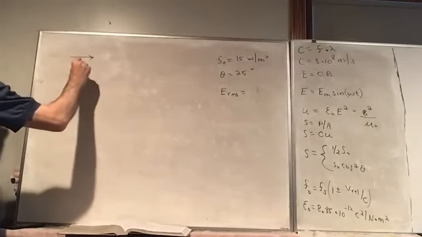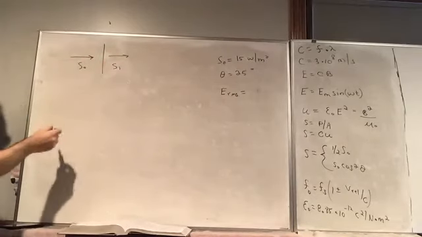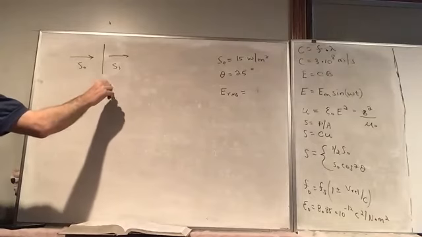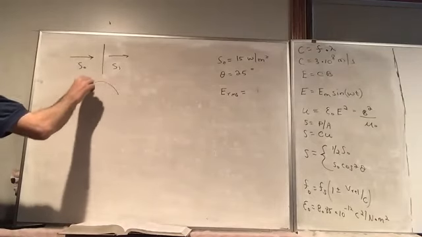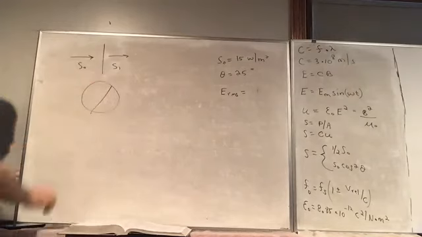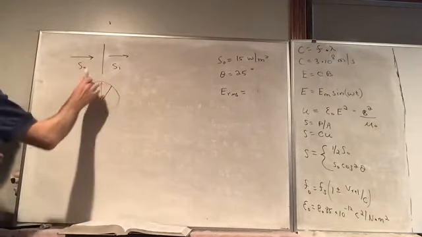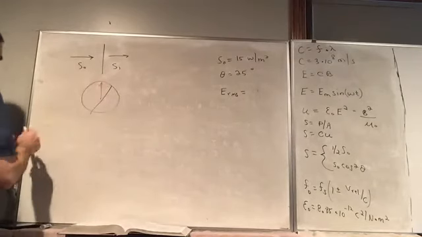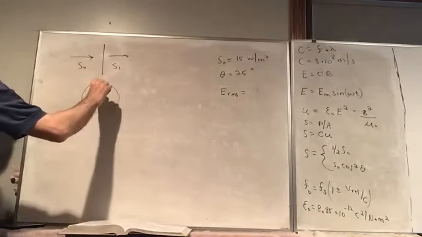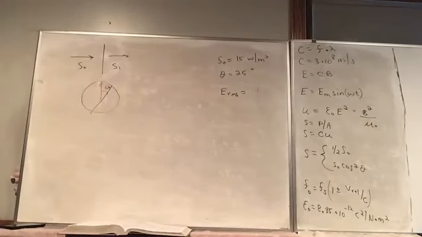So here we have S naught, hit a polarizing sheet. Let's call that S1, where we have a 25-degree angle. So let's say this was the incident electric field. This is the transmission axis. That angle is 25 degrees.